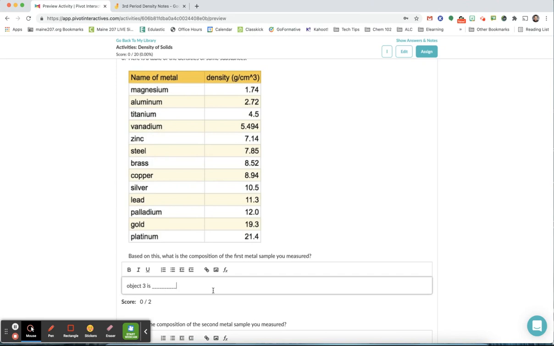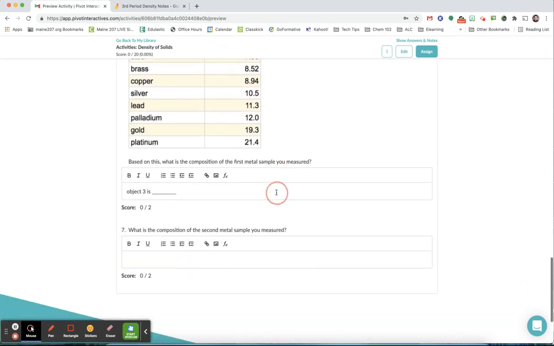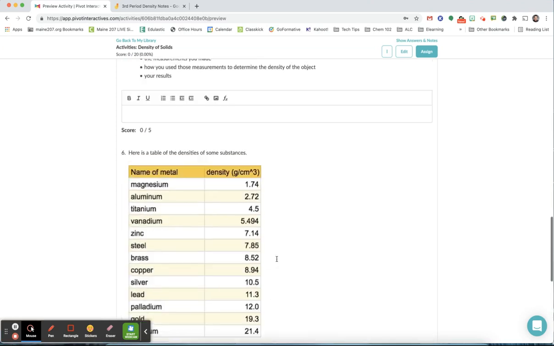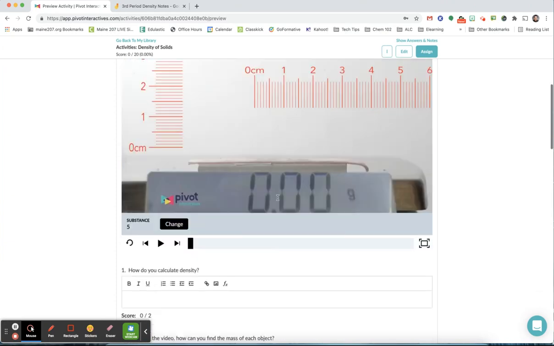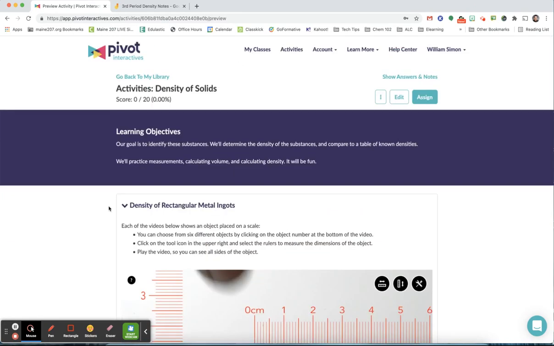If the density calculates out to 4.45, hey, titanium is 4.5, it's probably titanium. If your density calculates out to be 11.4, well, that's pretty darn close to 11.3 here, it's probably lead. Then you do the same thing for the second metal. That's how this lab is supposed to work.